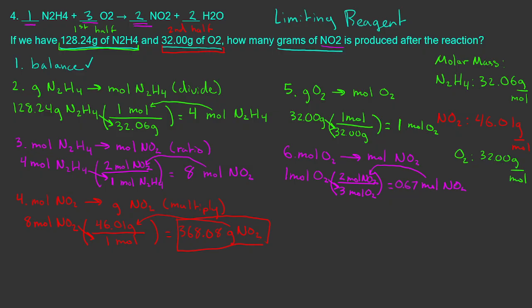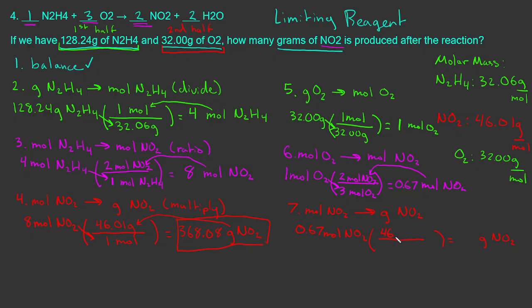And then lastly, our final step, step 7, is that we go from our moles of NO2 to grams of NO2. And so in this case, we have 0.67 moles of NO2, and we have to use a ratio to get us to grams of NO2. Once again, we just use the molar mass of NO2, which we have up here as 46.01.